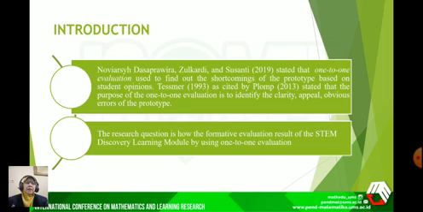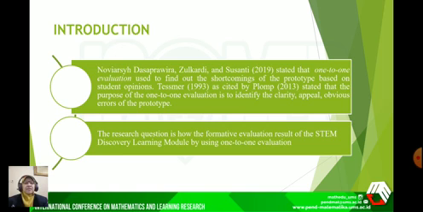Tessmer (1993), as cited by Plomp (2013), states that the purpose of the one-to-one evaluation is to identify the clarity, appeal, and obvious errors of the prototype.